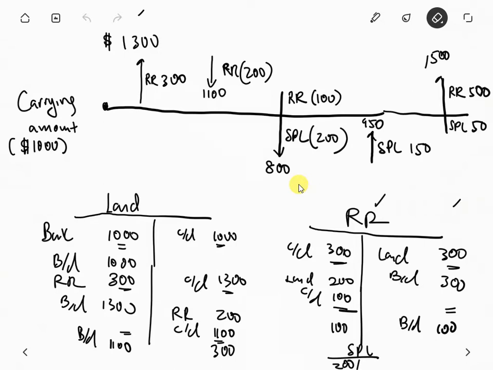Reverse again, from 1,200 down by 100. From 1,100 down by 200 to 900. Reverse up. Any excess below 1,000 goes to P&L.